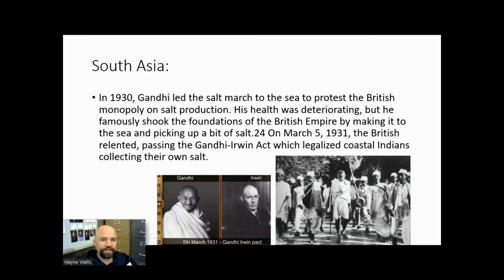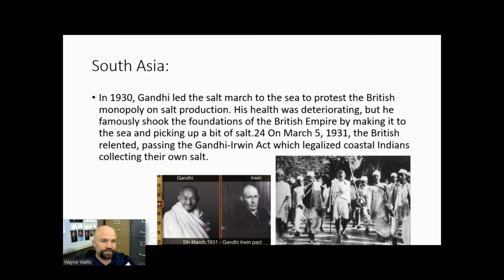In 1930, Gandhi led what we like to call the Salt March to the sea to protest the British monopoly on salt production. His health was deteriorating, but he famously shook the foundations of the British Empire by making it to the sea and picking up a bit of salt, which was against the law.